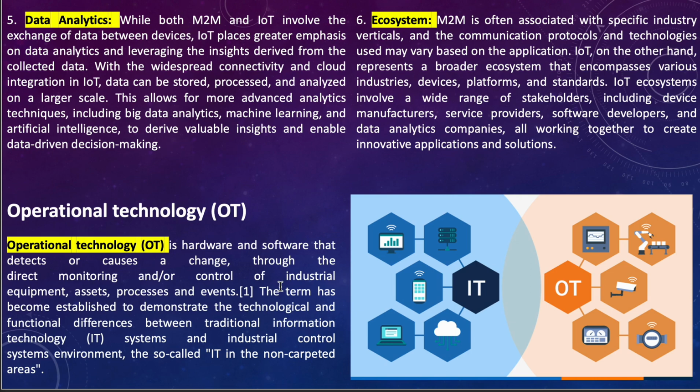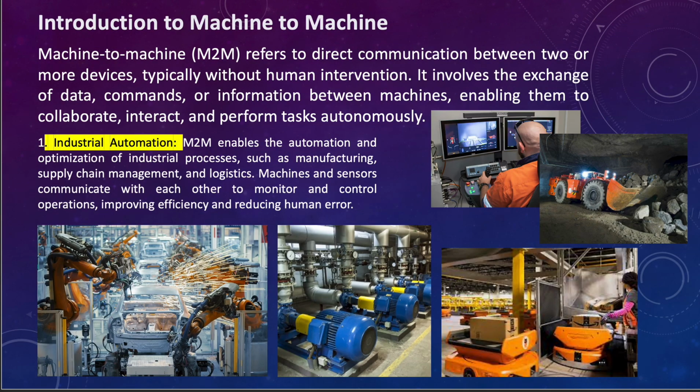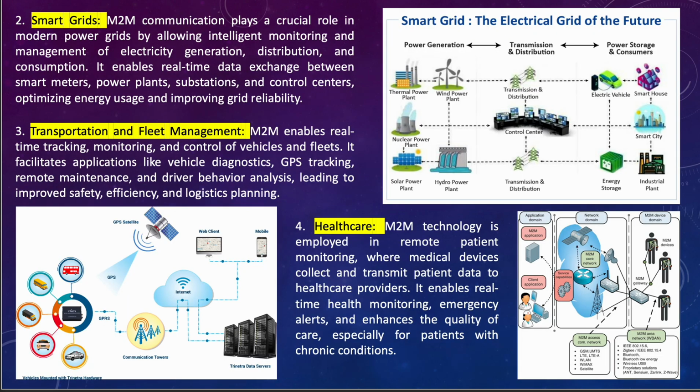It is the same thing as IoT, but operational technology, like IT, OT is a term, like M2M, OT is a term that is being used. Whatever the situation, it is clear that all these, either OT or M2M, right? The end application would be an IoT application in current day, right?